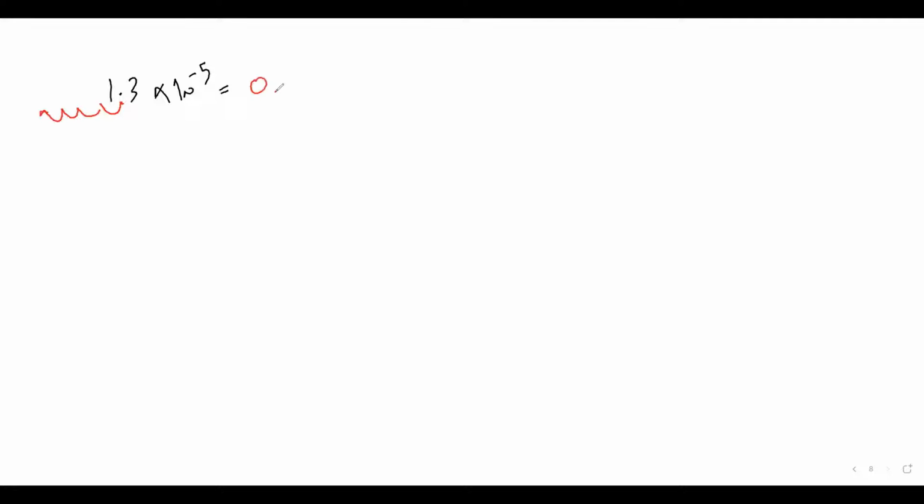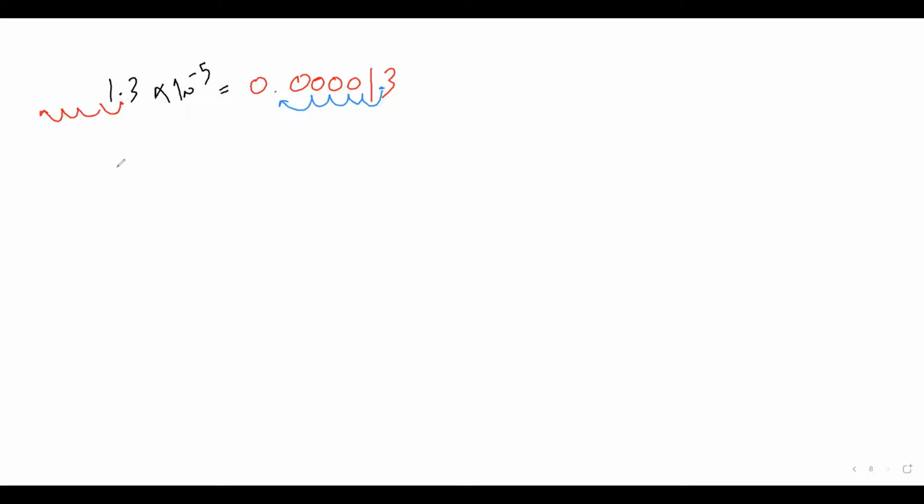So the final answer would be 0.000, there is one more 0, and then 1, 3, right? Originally, the decimal point was here, and then I pushed it 5 positions backward to here. So that's what this -5 means, right?